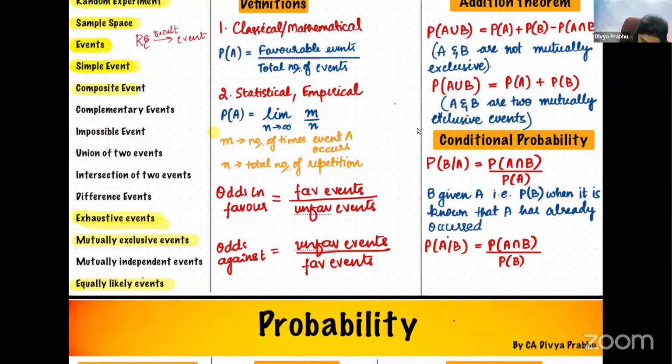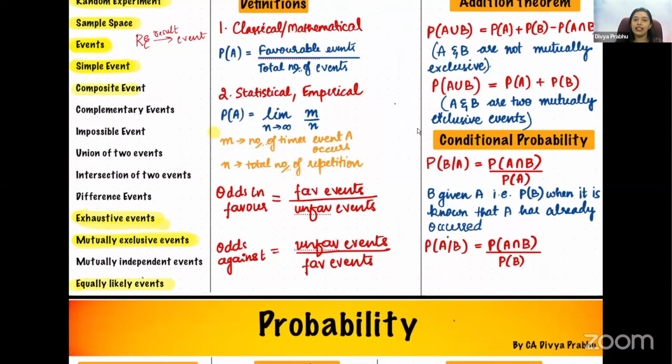Okay, now next is what do you mean by mutually exclusive events? Mutually exclusive events are those events which cannot occur simultaneously. If one of the events is occurring, it means that the other event will not occur. For example, if I toss a coin, let's say that I am getting heads. If I'm getting heads, it automatically means I will never get tails.